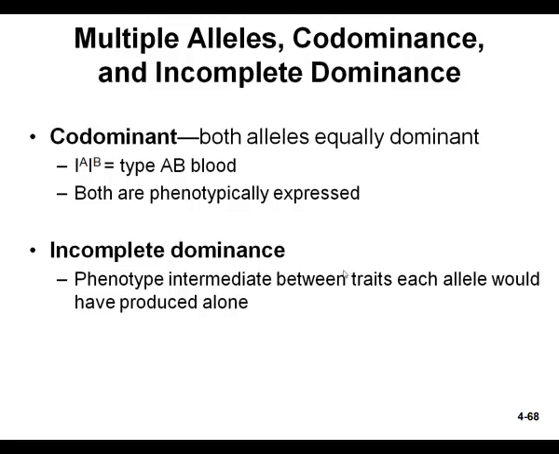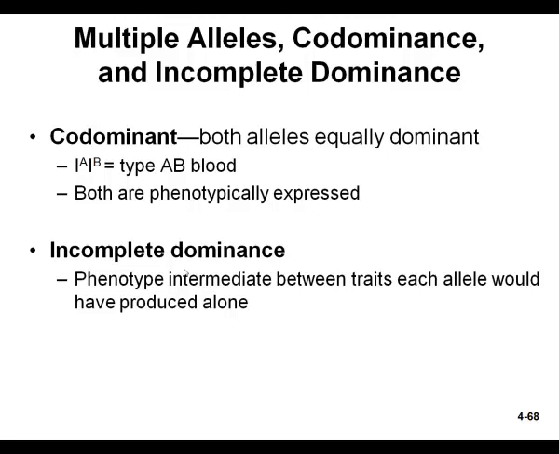In incomplete dominance, you mix the 2 together. So let's say you have a white flower and a red flower, and if you breed those 2 plants, then you will get a plant with a pink flower, and that we call incomplete dominance. Incomplete dominance also dictates our skin color, although it's a little bit more complicated in humans than the color of a rose or the color of a pea.